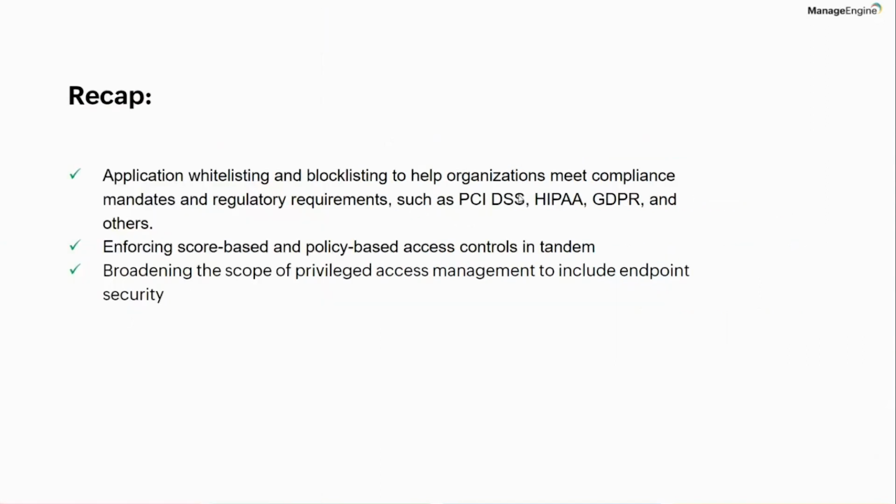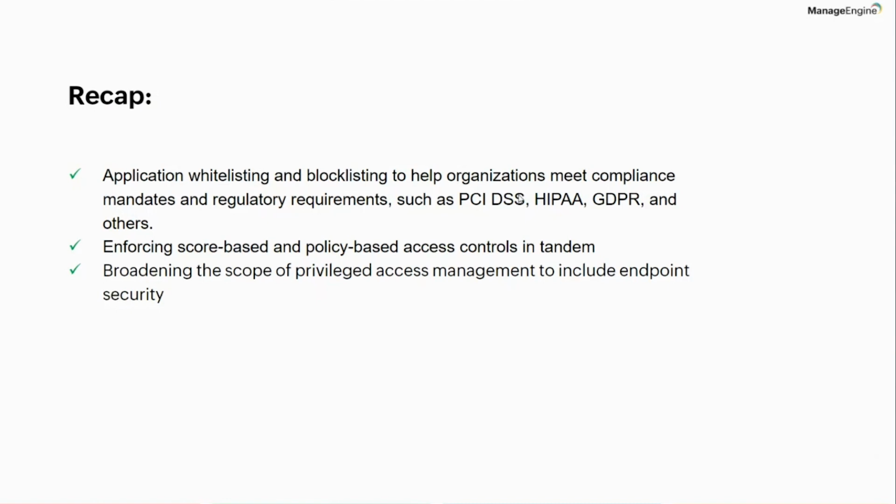So this is a quick recap. In this masterclass, we have discussed the advanced PEDM controls. We started off with application control, where we whitelisted and blacklisted applications, and then we also discussed how you can manage child processes and how you can manage unmanaged applications in your environment.